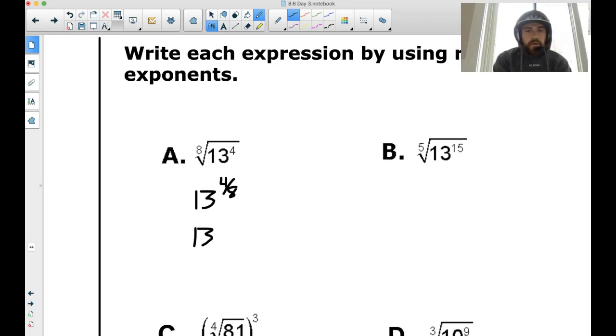So the eighth root of 13 to the fourth power, it's kind of a silly math book question, is 13 to the half. I think I've met my quota on saying silly.